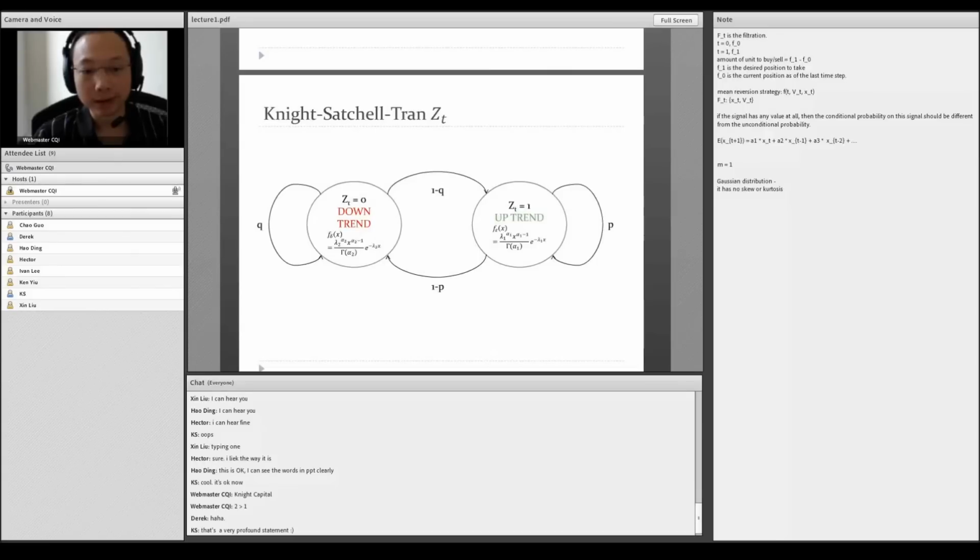So this is a two-state model that models two things. It models the sizes of the positive returns and the negative returns. It also models the persistencies using conditional probabilities. By the way, P is a conditional probability.